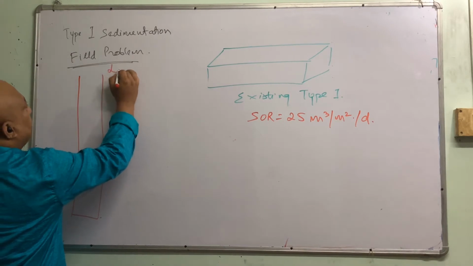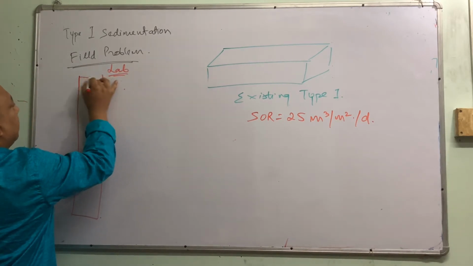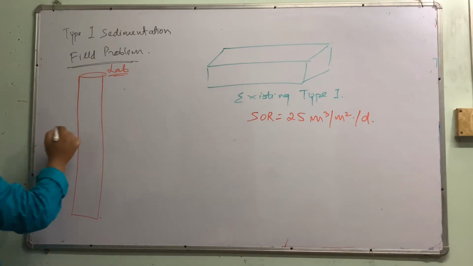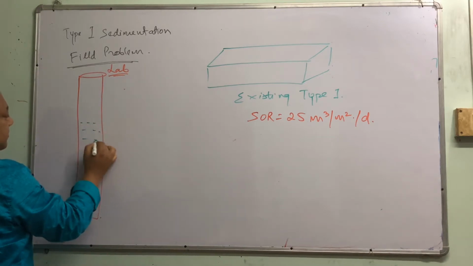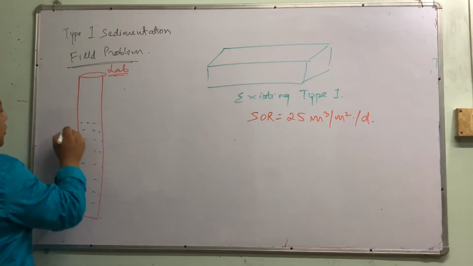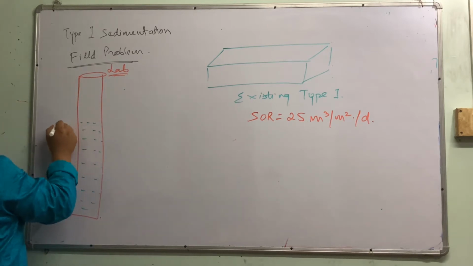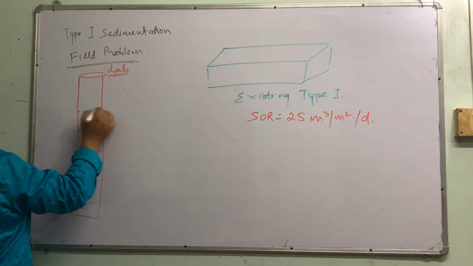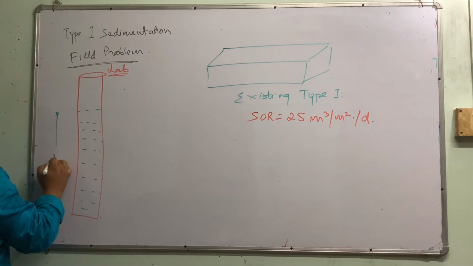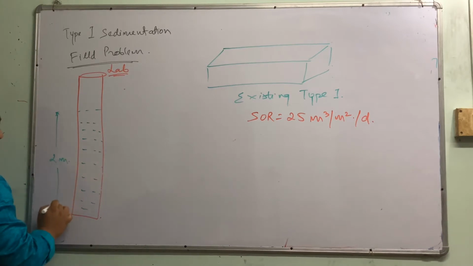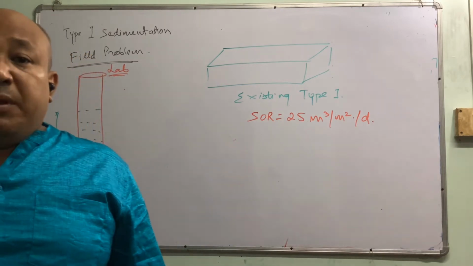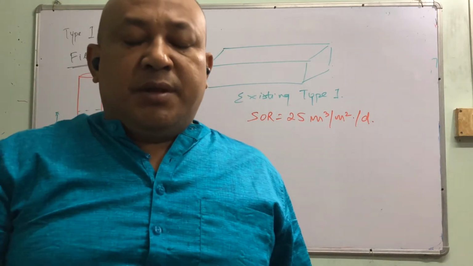This is in the lab. You take a column, you put the water over here, and you take this depth as, say, maybe 2 meter or 1 meter or 1.5 or 2 meter. How many meters should you take?